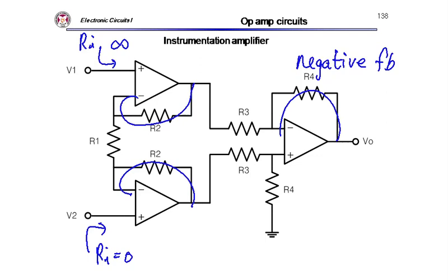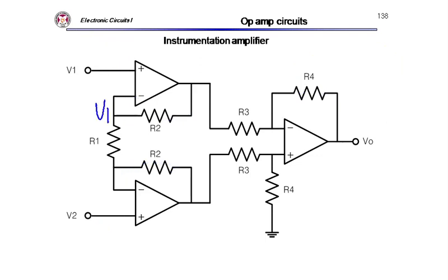So I have a virtual ground in all three op-amps. I know this is V1 because of the virtual ground there, and this is V2 because of the virtual ground of this op-amp. Then the voltage drop across R1 is V1 minus V2, and this same current must flow through there.